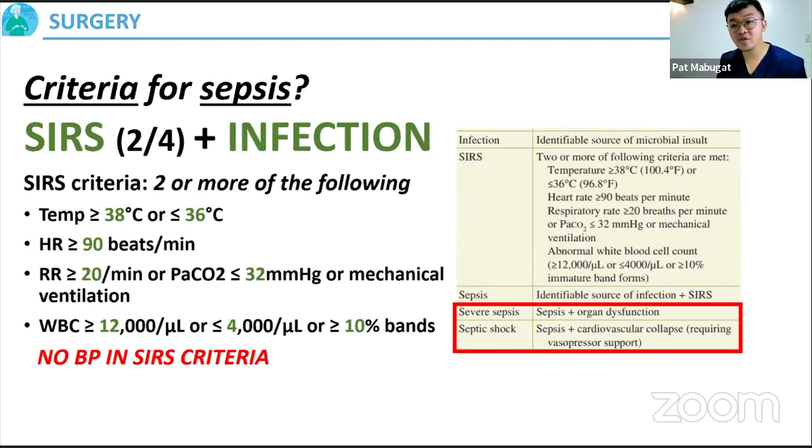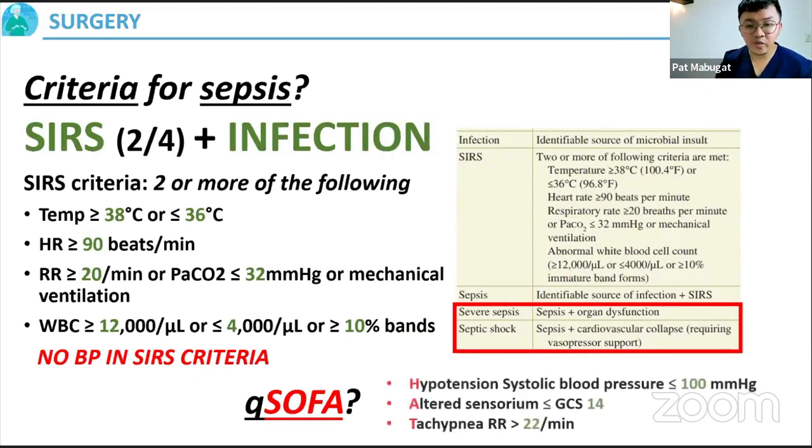For the purpose of surgery, we just need to know the Q-SOFA score. The Q-SOFA score is actually a predictor, not a criteria really, of patients who will deteriorate and who will have severe sepsis later on. So it's usually a helpful triaging tool. So for Q-SOFA, we have 3: hypotension, altered sensorium, and tachypnea.